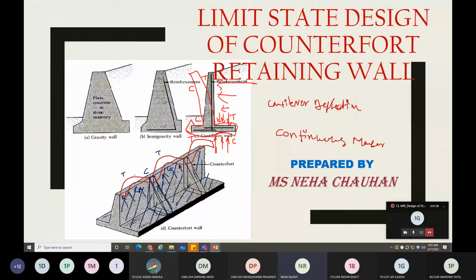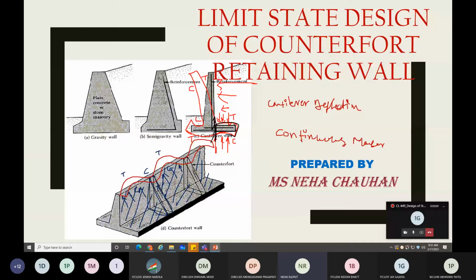Now this is about the cantilever counterfort stem part. Now coming to this heel part, here the heel part again has cantilever beam behavior. If you see this heel part, meaning from here to here, this heel part again behaves like a cantilever. It is fixed here and free here, so this is the behavior.